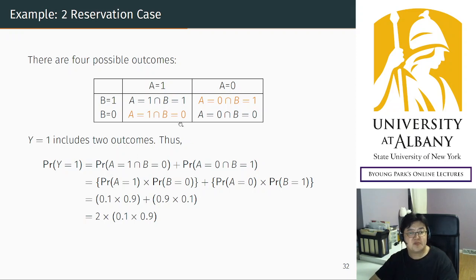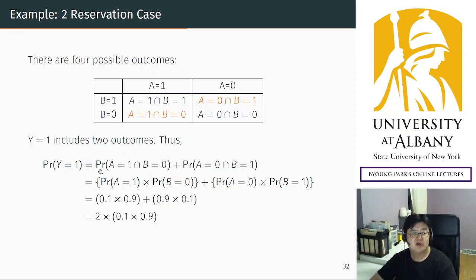Then this event's probability is the probability for this plus the probability for this. It is exactly what we did in chapter 1. In a 2x2 probability table, just check which outcomes are included in the event and sum those probabilities. Then you get the probability of the outcome of interest.